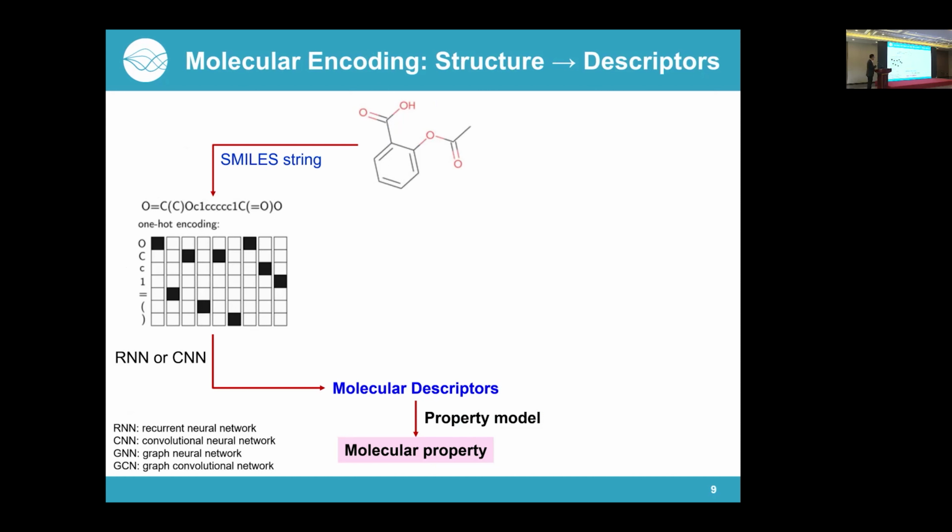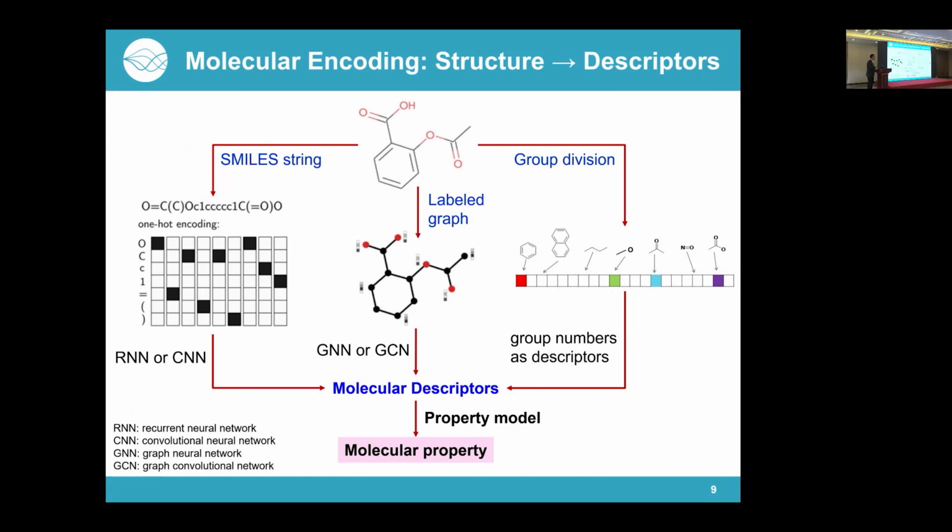Then you can do encoding, and you go to RNN or CNN. You can also use graph methods or graph theory. Then you use GNN or GCN. You can also get your molecular descriptor. Finally, also the simplest method is the group contribution method. You simply just use the group numbers. So these are the different methods to express the molecule with mathematical descriptors.